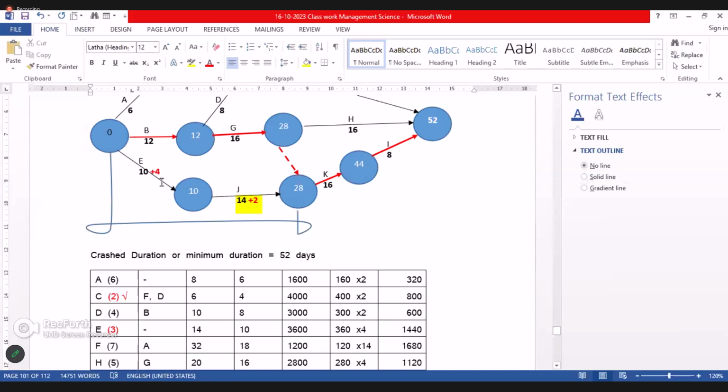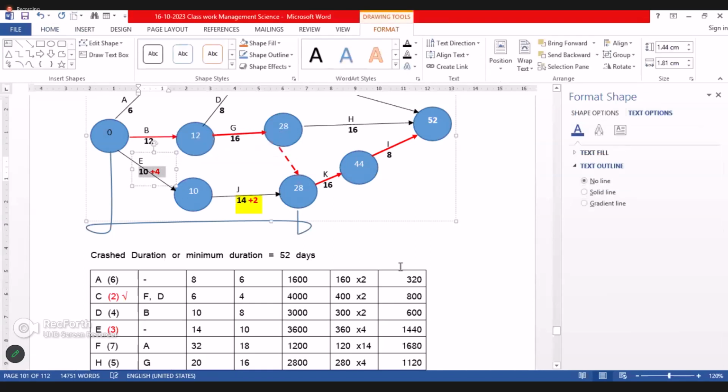So if without making this one, you make this one, what will happen? 10 plus 4, 14. 14 plus 14, how much? 28. 28 days.